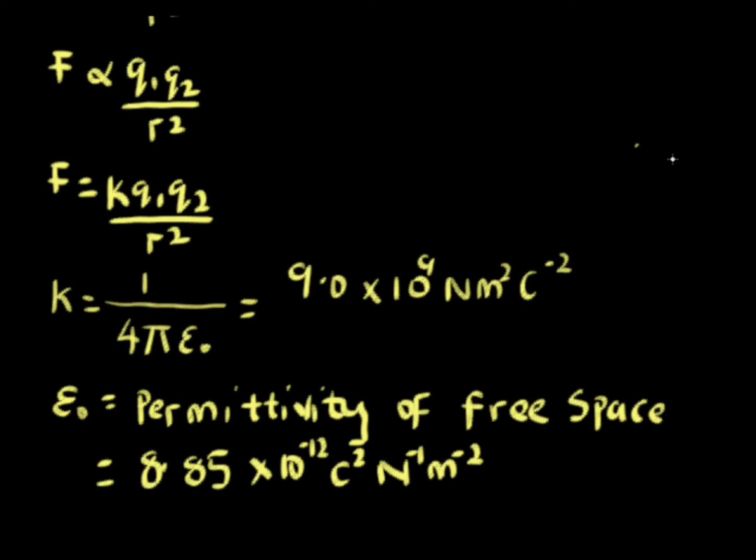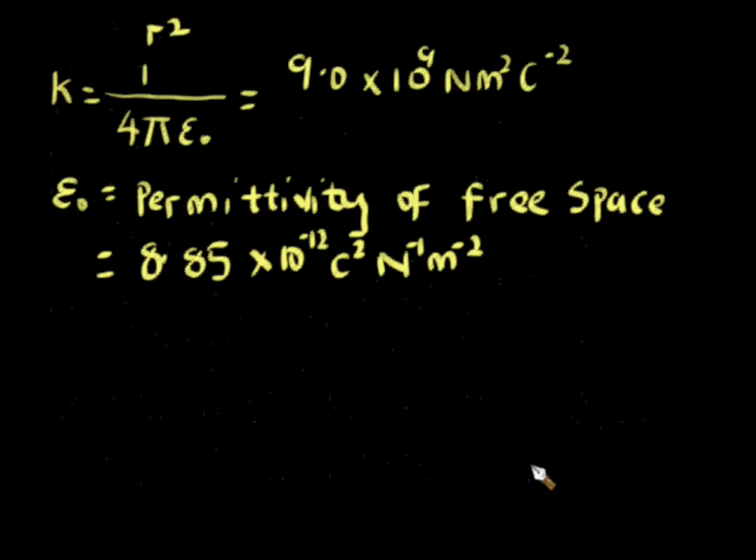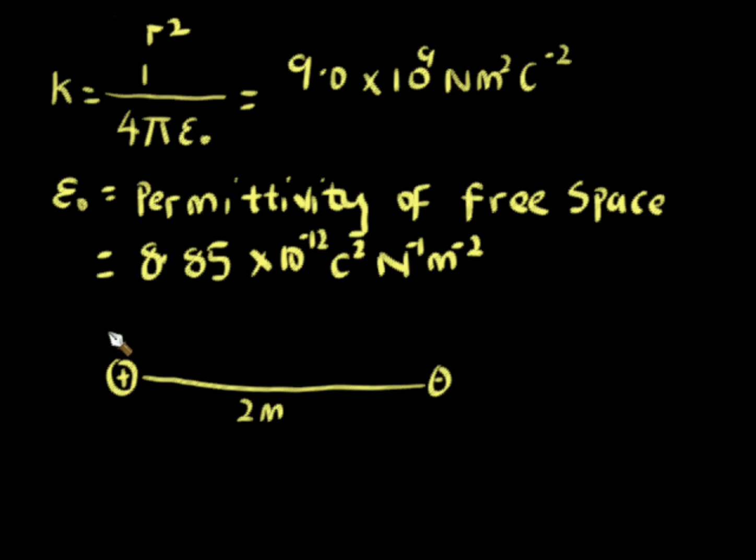Now, let's solve one or two problems and let's see how it goes. Let me move the screen upward. Now, assuming two charges, a positive charge and a negative charge, separated by a distance of 2 meters, and this would be 3 microcoulomb, and this would be 2 microcoulomb.